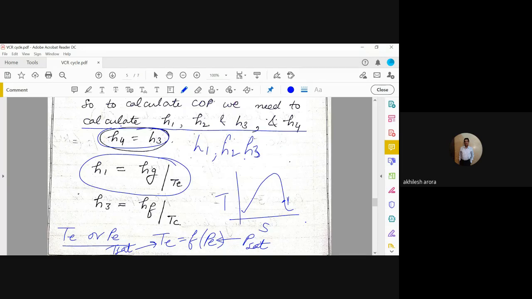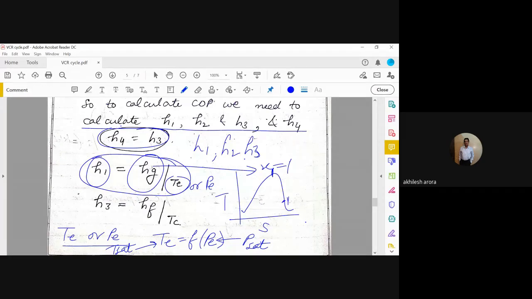So this is how we are going to calculate. So Hg is the enthalpy of the dry saturated vapor corresponding to PE, or I can also say TE. So whichever is given to you, you can calculate the value of H1 from pressure or temperature of the evaporator. And this is the Hg value, dry saturated vapor, and this corresponds to X is equal to 1 also at state point 1. Okay.